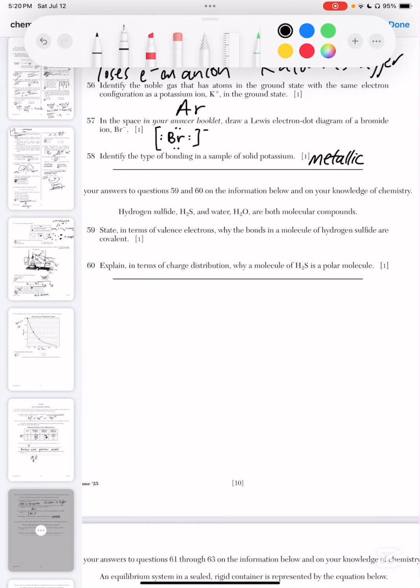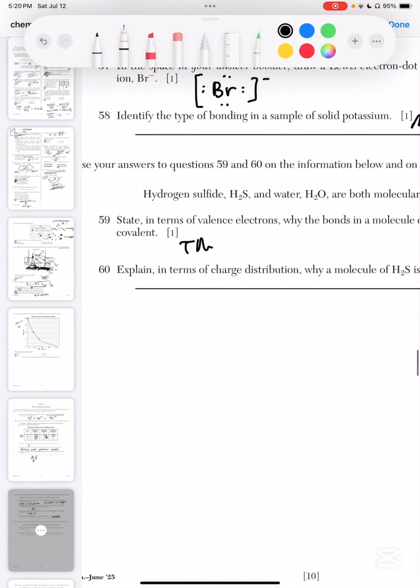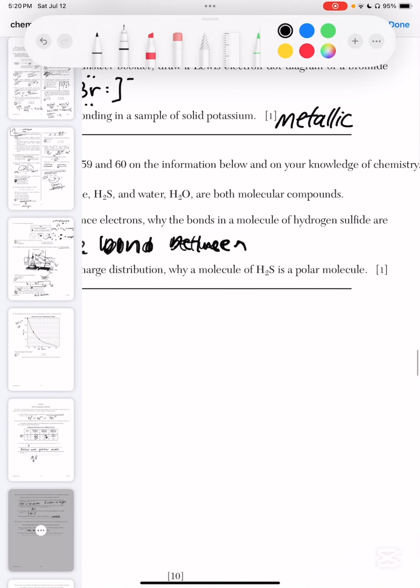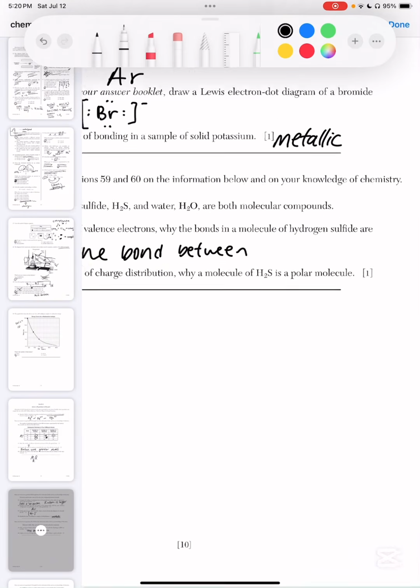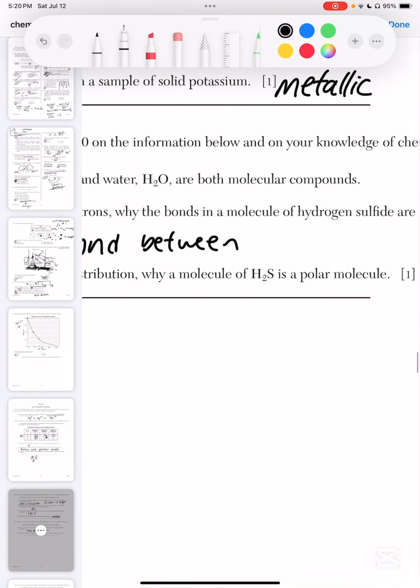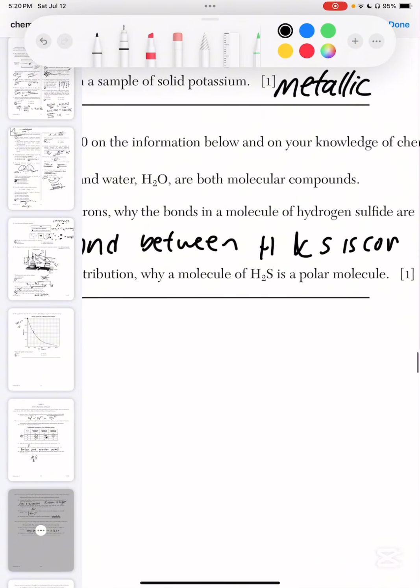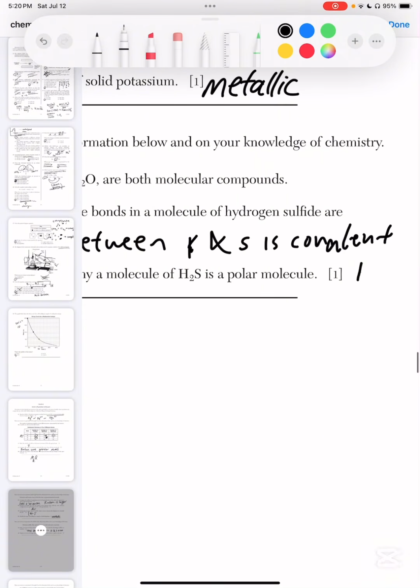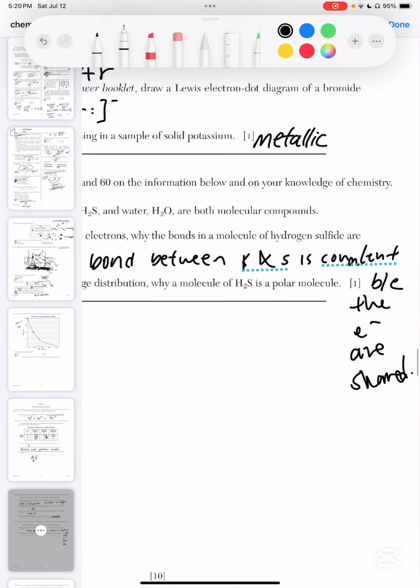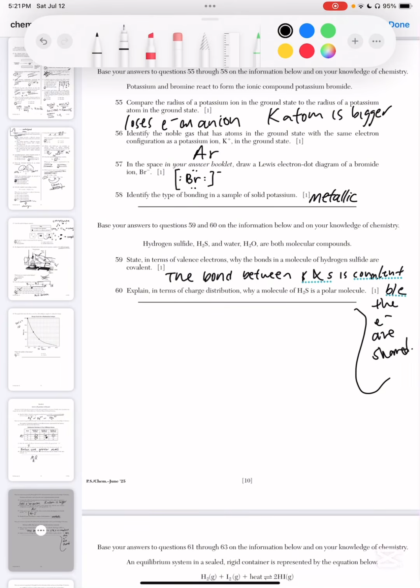State in terms of valence electrons why the bonds in a molecule of hydrogen sulfide are covalent. In ionic bonds the electrons are transferred, and in covalent bonds the electrons are shared.